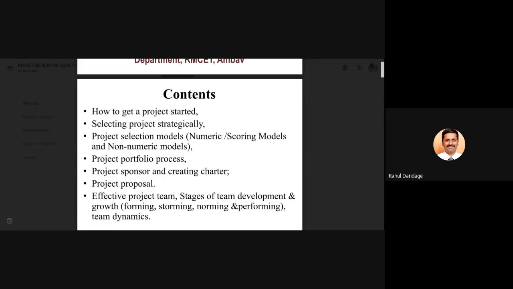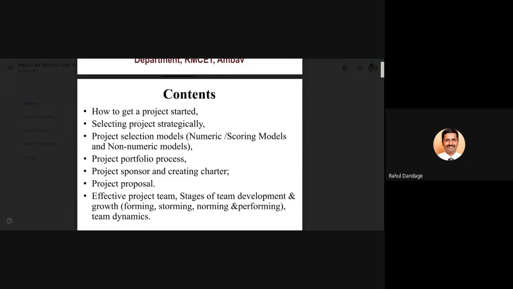Numeric models, there are certain numeric models for which you have to understand what the numeric models are, and there will be certain numerical problems based upon the project selection models.